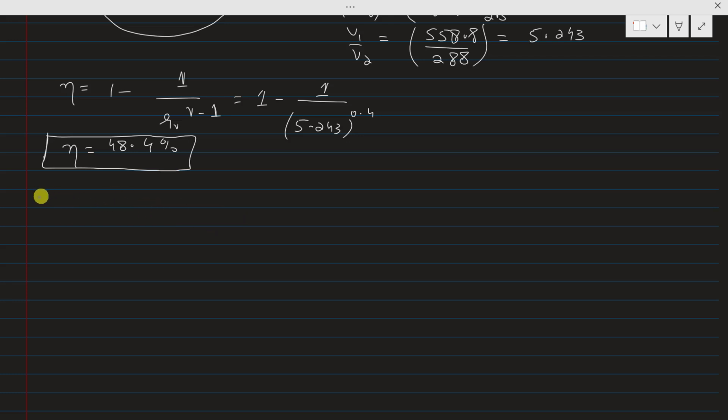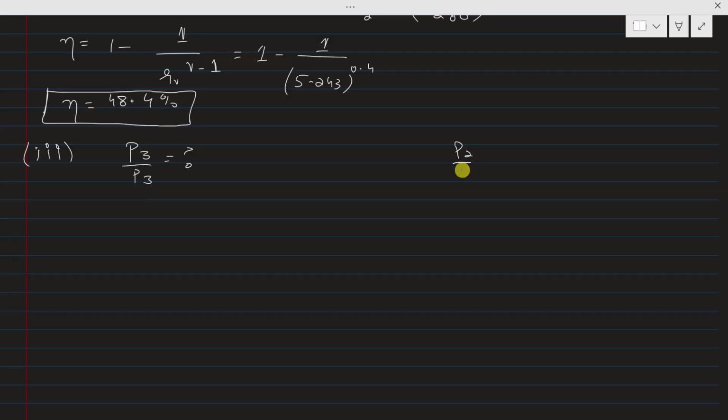Now the third part of this problem is to find the maximum to minimum pressure ratio of the cycle. So P2 divided by P1 is equal to T2 divided by T1.